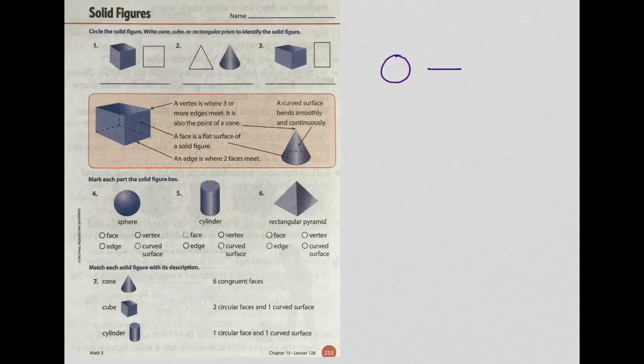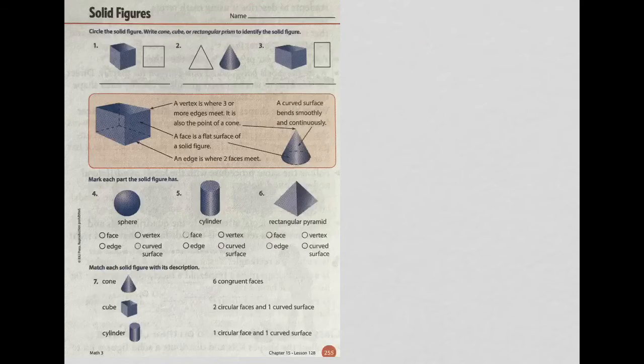Same thing if I cut a square out of a piece of paper, I laid it on the table, it would be flat, just like that. But what we're doing today is we're going to be working with three-dimensional figures. And they're called solid figures.